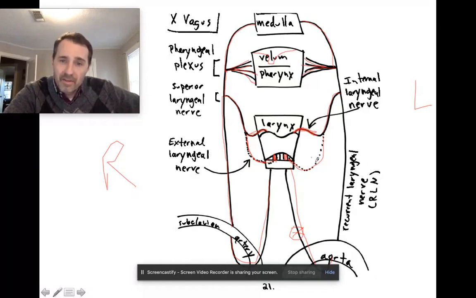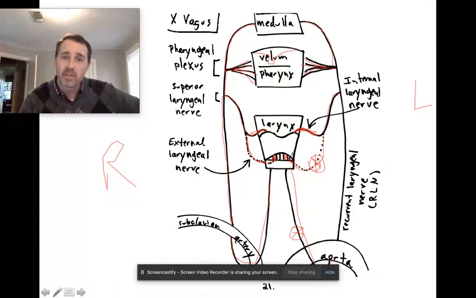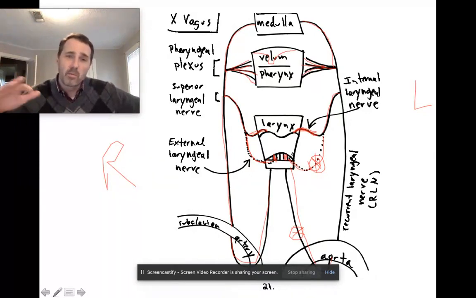Let's say you have a lesion right here, so something's wrong with the left extrinsic branch of the left superior laryngeal nerve. Then this individual is not going to be able to shift the pitch in their voice as much. They're going to be more monotone, so they're probably going to be coming to see you for voice therapy so that they can have a normal prosody.